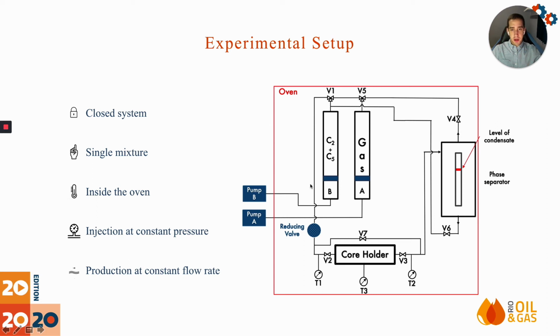So how is it going to happen? We will set pump B to work at constant pressure and pump A to work at a constant flow rate. So pump A will increase the cylinder volume and will decrease the pressure.